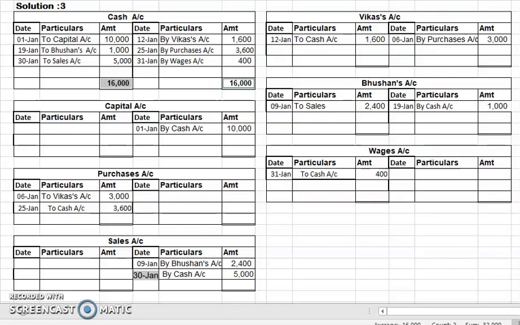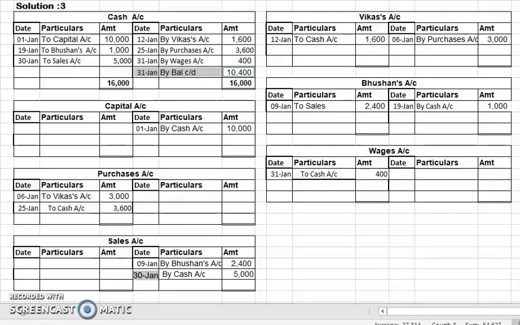Now from 16,000, if you minus 5,600, you get a balancing figure of 10,400. So this 10,400 is your balance carried down. Now both the side totals are 16,000.